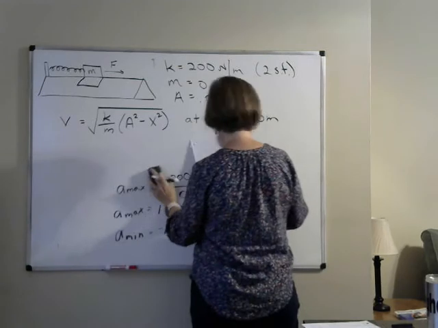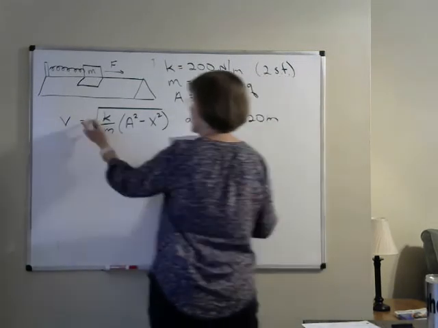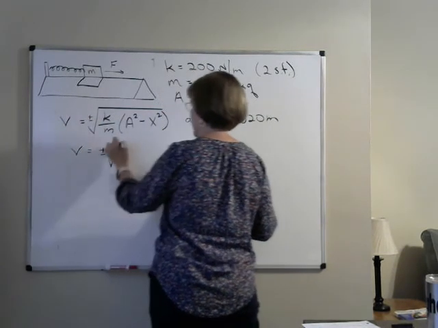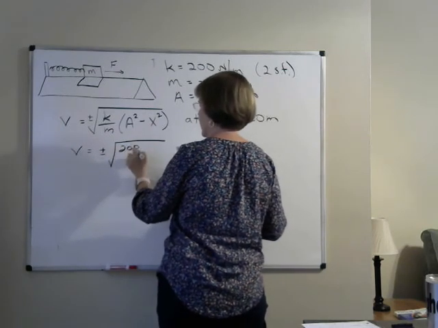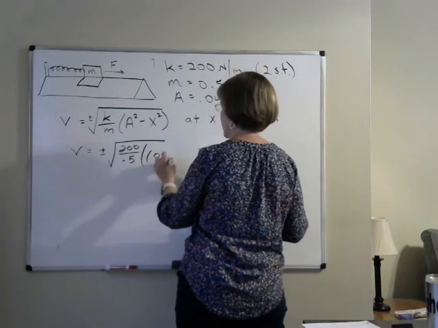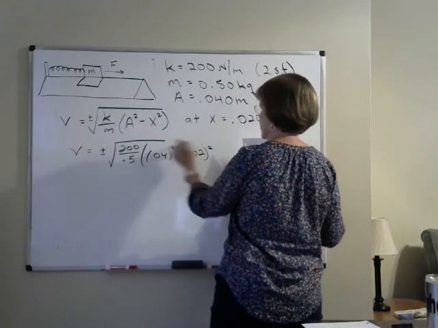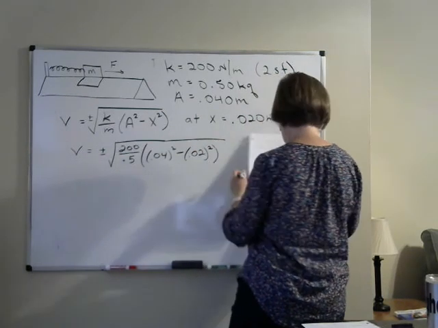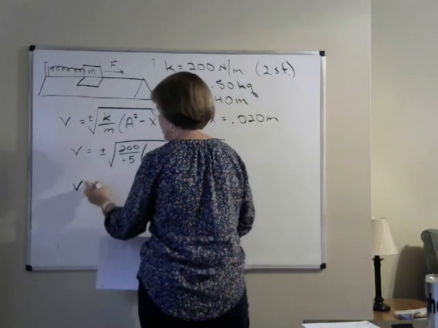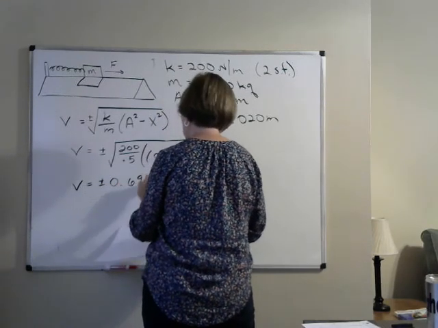Again, I'm not going to worry about the sign because it's possible that it can be both. Well, I guess I will worry about it. I'll put that it's both. We have 0.04 squared minus 0.02 squared. All of that's put in a calculator, and we see that the velocity at that point is plus or minus 0.69 meters per second.